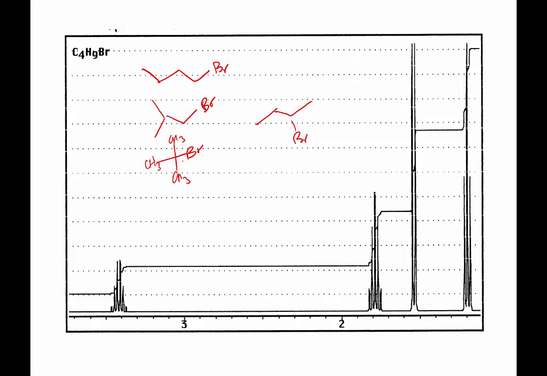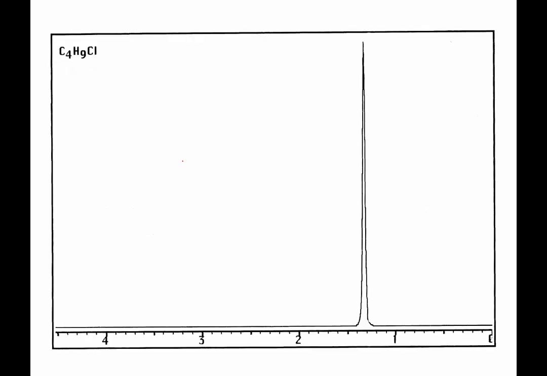Adjacent. How many? 0. There are 0 adjacent hydrogens, which is true because the carbon they're attached to is a quaternary carbon. There's no hydrogens. So with all CH3s being equivalent and no neighbors, that means the spectrum should be a single peak. So this is the spectrum of the tertiary bromide.